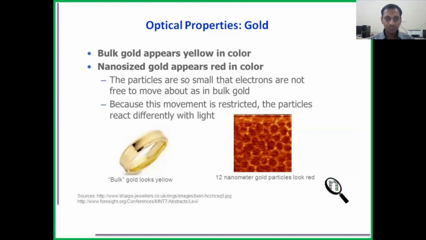That's why nano size gold appears red in color, because this movement is restricted. The particles react differently with light. So electrons are not free, movement is restricted, and that's why it behaves differently under the light. And that's why you can see here golden color bulk gold, while 12 nanometer gold particles look red. This is a microscopic image.